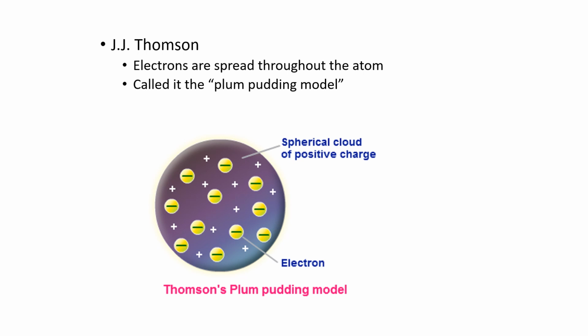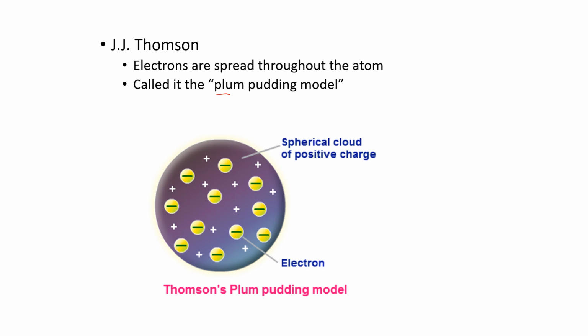He said that an atom is a spherical kind of thing, and that it's all roughly positive, and it has these negative little chunks inside of it. And these negative chunks are of course electrons. And he says the electrons are just placed in random spots throughout it.